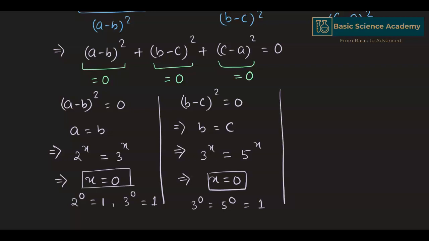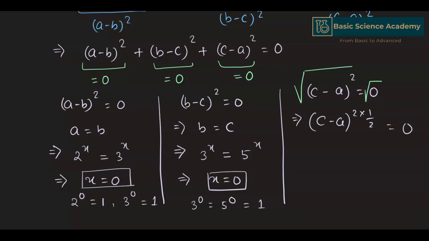Now c minus a whole square is equal to 0. Taking square root of both sides gives us c minus a whole square multiplied by 1 by 2 is equal to square root of 0, which is 0. So this gives us c minus a equals to 0 because the 2 and 2 will cancel out.